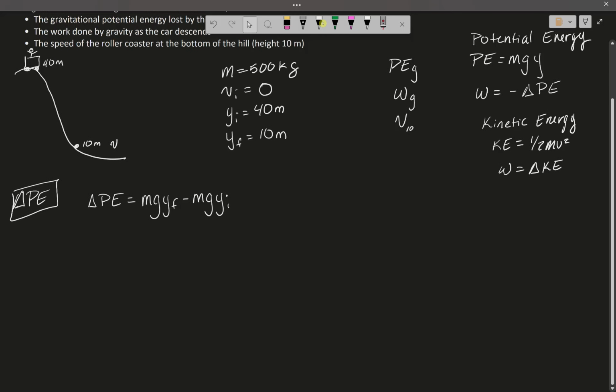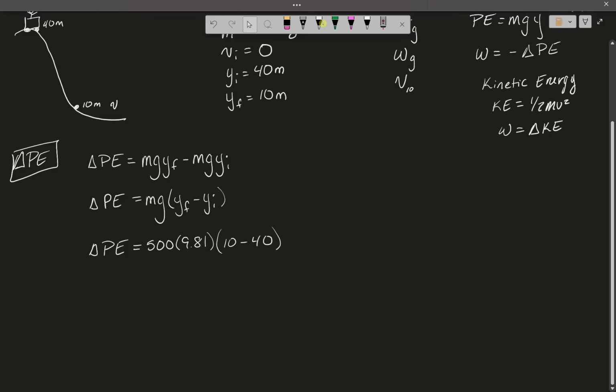Because mass doesn't change and g is a constant, this will give us that our change in potential energy is mg times (y final minus y initial). So I can now plug in my values, where my change in potential energy is going to be 500 times 9.81 times (10 minus 40), because 40 is my initial position here.